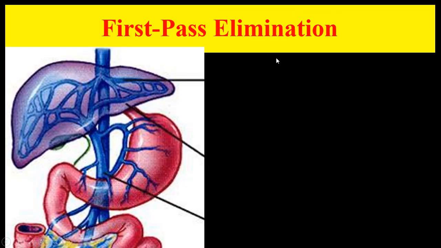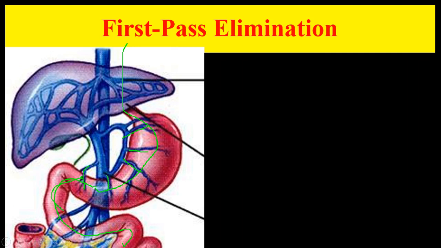Now, first pass elimination. What is first pass elimination? Let's suppose we take food orally, and it comes in here, and here it is partly digested, and all the while it is being digested, the digested food is absorbed by these veins, and these are portal veins.